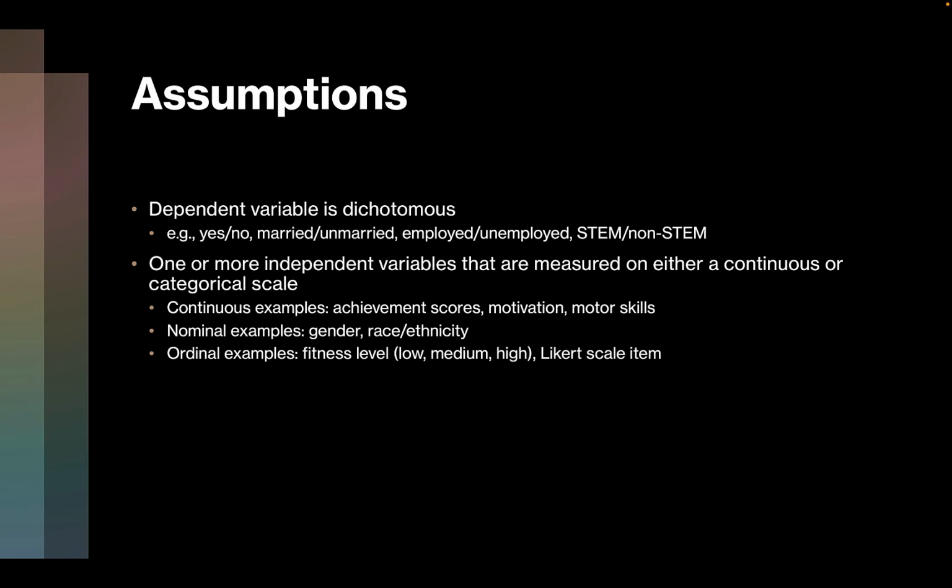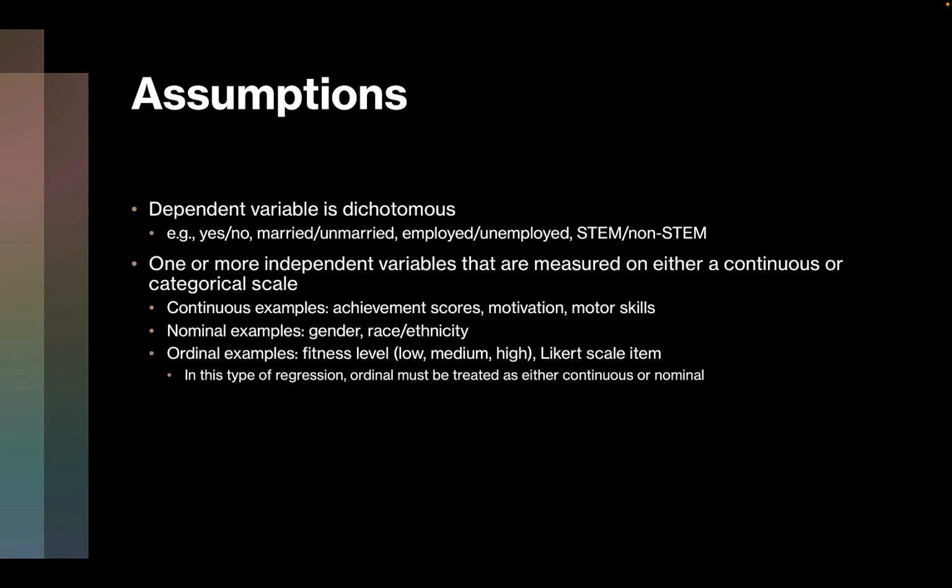But let's talk for just a minute about ordinal examples. Ordinal means they are discrete responses. They are not continuous, but there's an order to them. For example, fitness level, where there are three options: low, medium, and high. Or Likert scale items, from strongly disagree to strongly agree. Ordinal variables in logistic regression must be treated as either continuous or nominal.